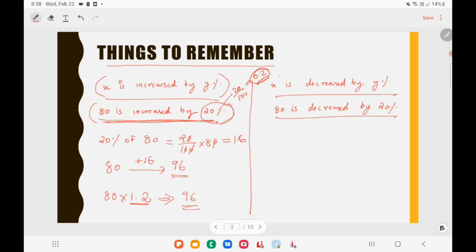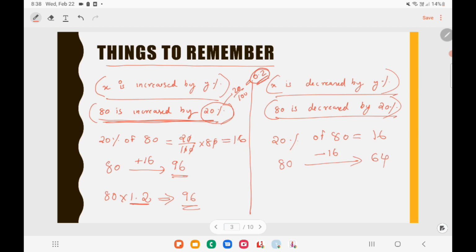Now if you are asked like X is decreased by Y percentage, for example 80 is decreased by 20%. Again here you need to find out what is 20% of 80. You will get it as 16. Earlier it was 80. Now it is decreased by 20%, means it is decreased by 16, right? So it will become 64.